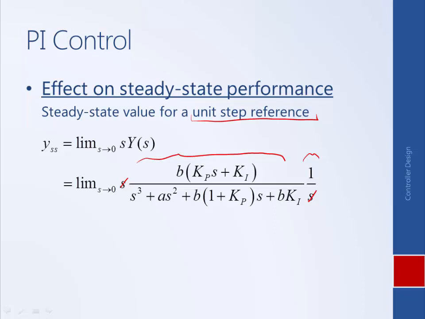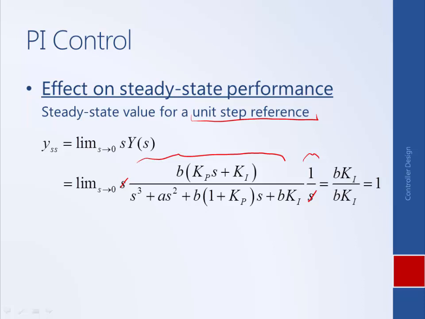We then can see again that we have a denominator where all of the coefficients are positive. Therefore, we will again have a system where the poles have negative real part. We can then solve this limit by simply substituting s equals 0, since the function is defined for s equals 0. So that goes away, that goes away, that goes away, that goes away, and we're left with b times ki divided by b times ki, which equals 1.